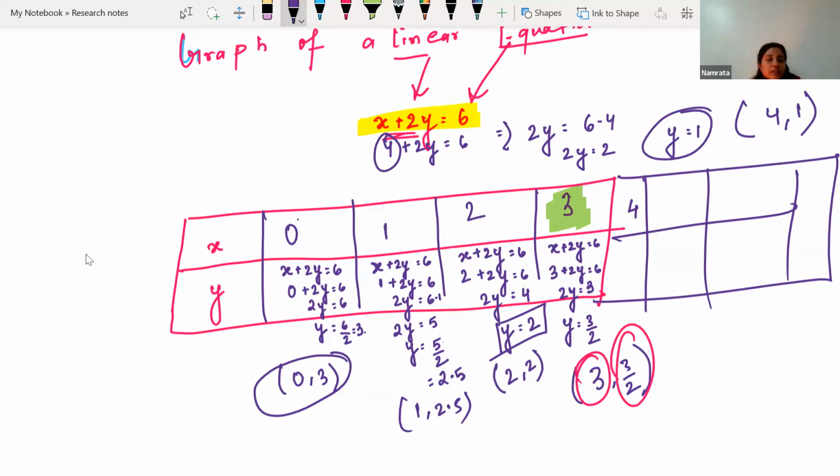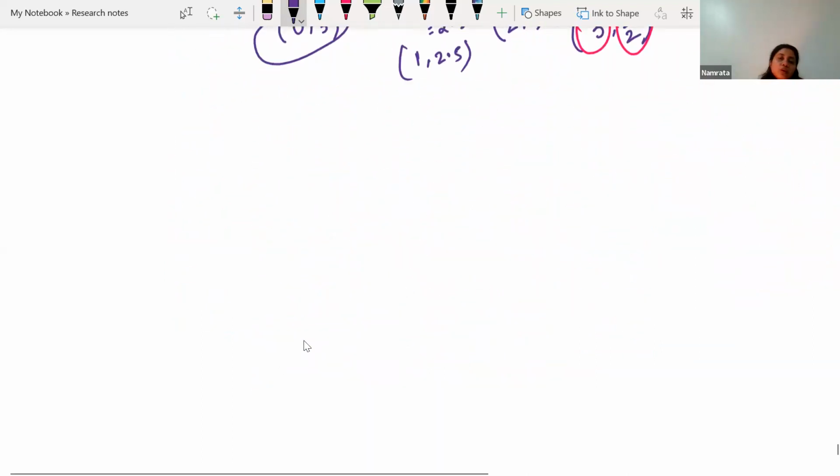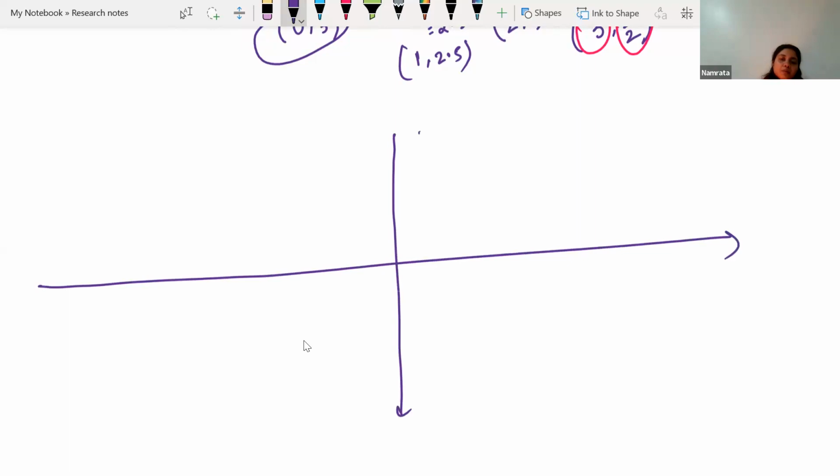Cartesian plane, coordinate axes, and let's make the graph. So suppose this way we have the graph paper. Here we have 0. Here we have plus 1, plus 2, plus 3, plus 4, plus 5, plus 6, plus 7. Here we have negative 1, negative 2, negative 3, negative 4, negative 5, negative 6, negative 7.